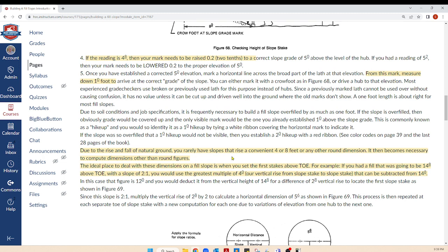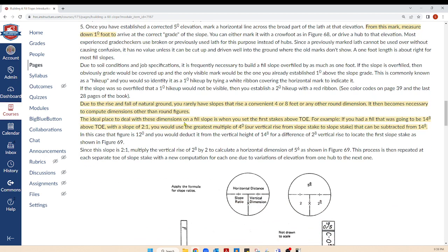The ideal place to deal with these dimensions on a field slope is when you set the first stake above toe.